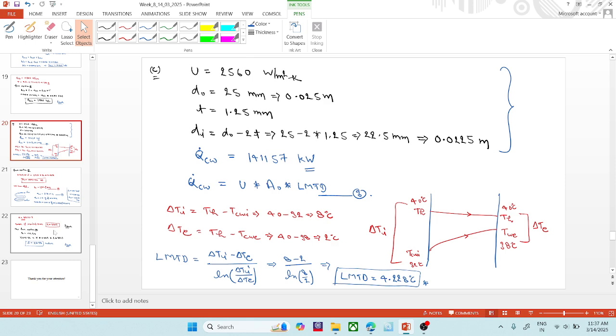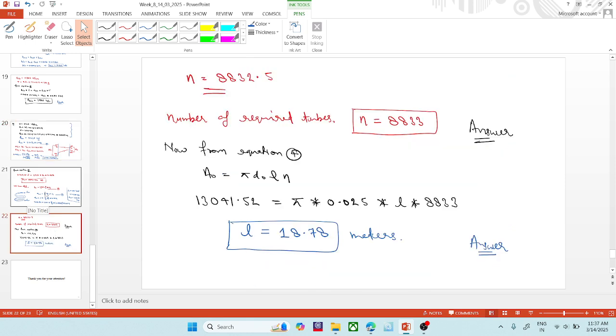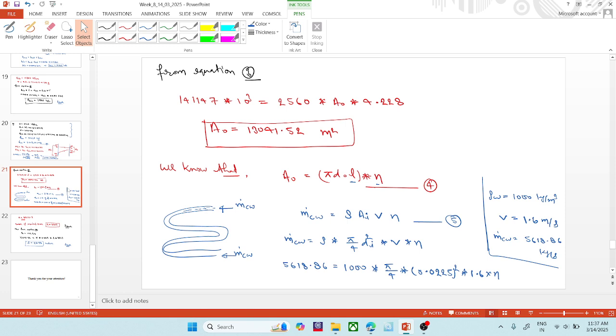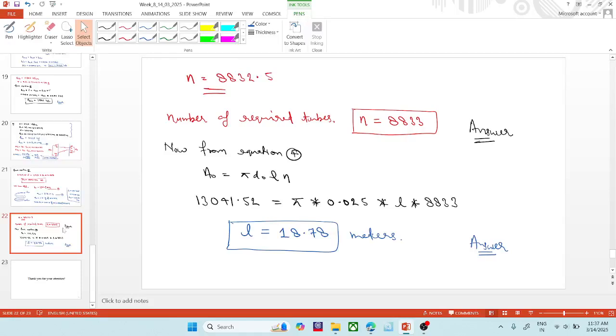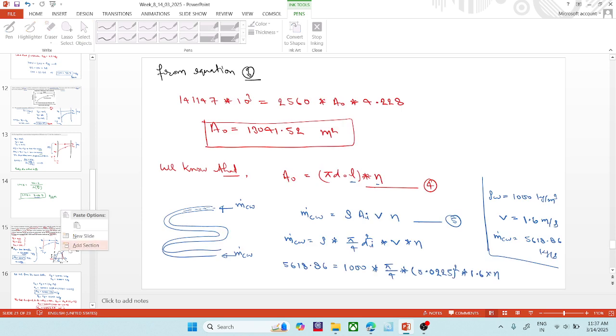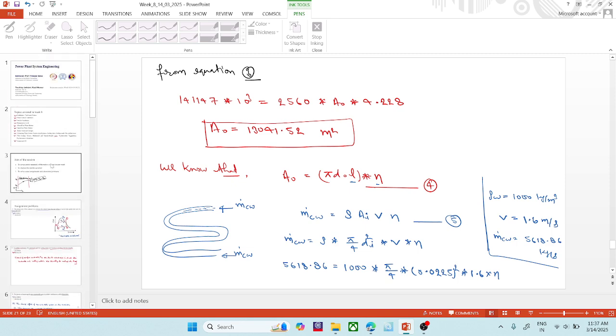For that, we determined the log mean temperature difference, then applied the heat balance equation to determine the heat transfer area. Then, by balancing the cooling water mass flow rate, we determined the number of tubes required, and by the calculated area, we determined the length of the tube. So these are the problems I wanted to discuss.